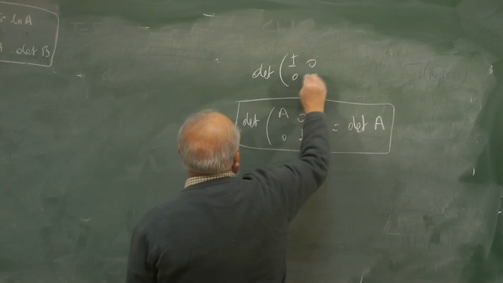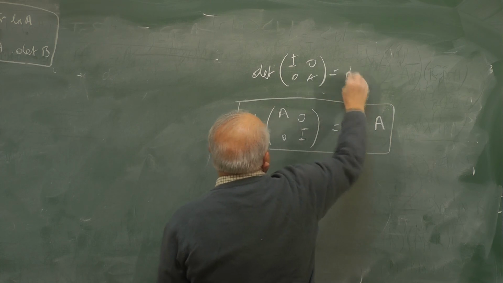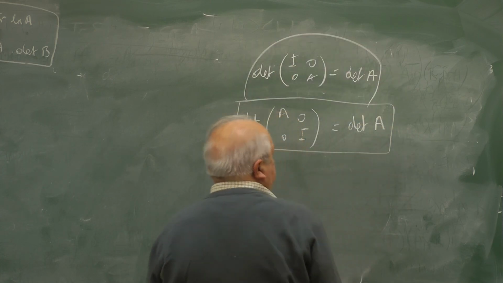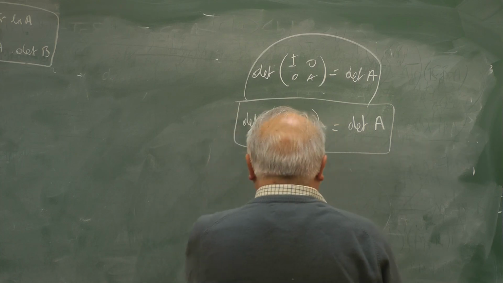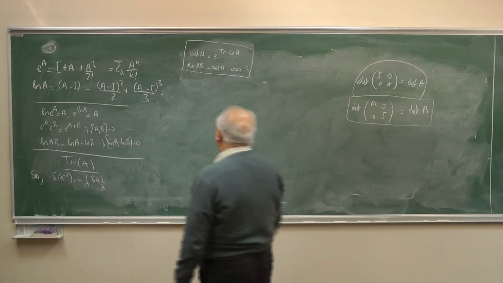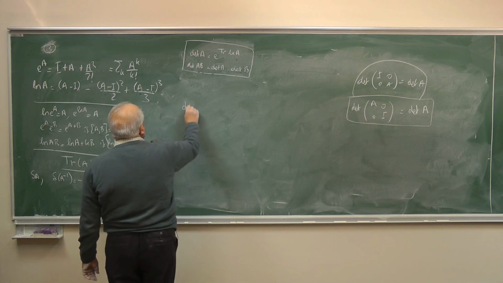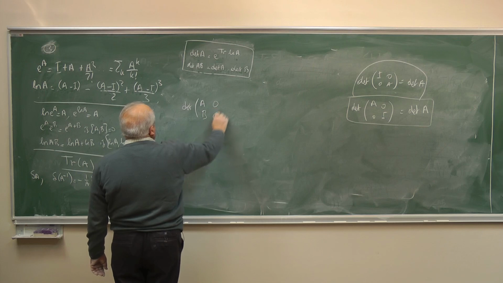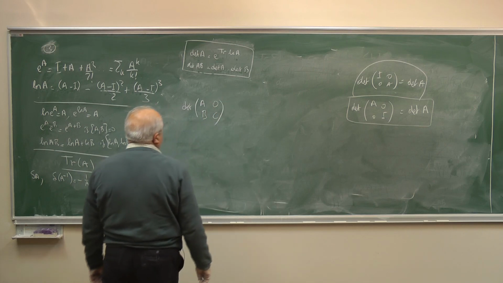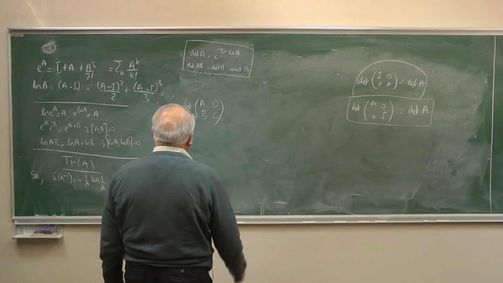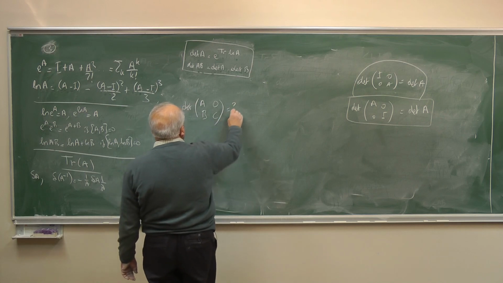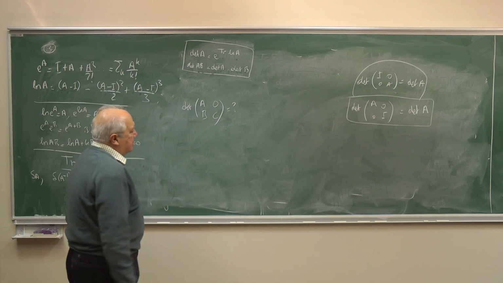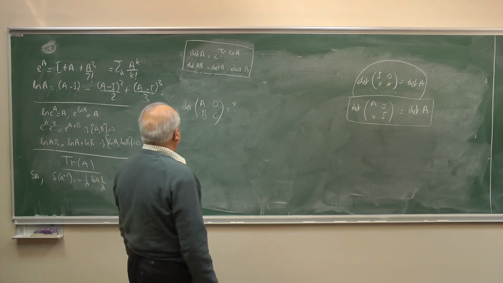I, 0, 0, A, that's also determinant A. Now, how about the determinant of A, B, 0, C? These are block matrices. What are we doing? We are studying the determinants of block matrices.